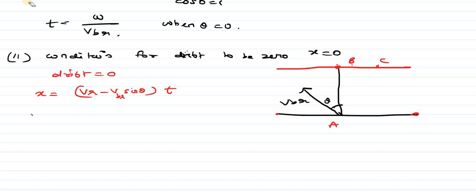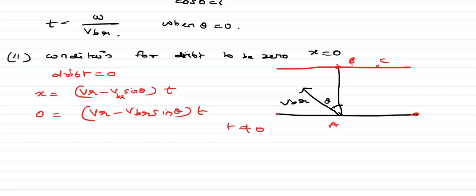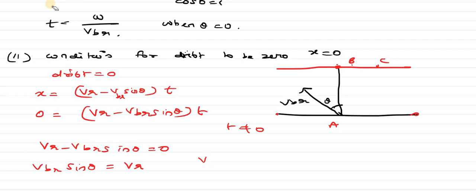This represents X equal to 0, right? So drift equal to 0 means VR minus VBR sin theta into time. Time cannot be 0, correct? So VR minus VBR sin theta has to be 0. That means VBR sin theta is VR. So sin theta is given by what?